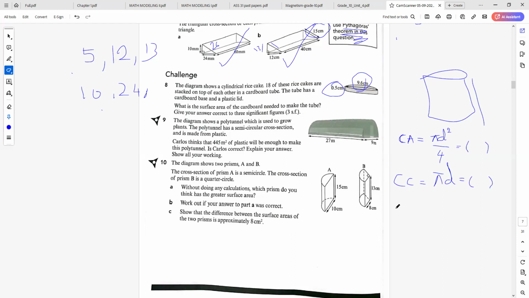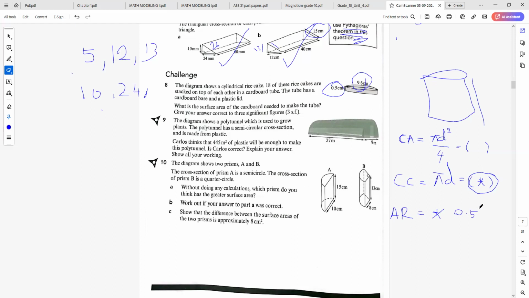Then you have to find the area of that rectangle. That is this value into 0.5.